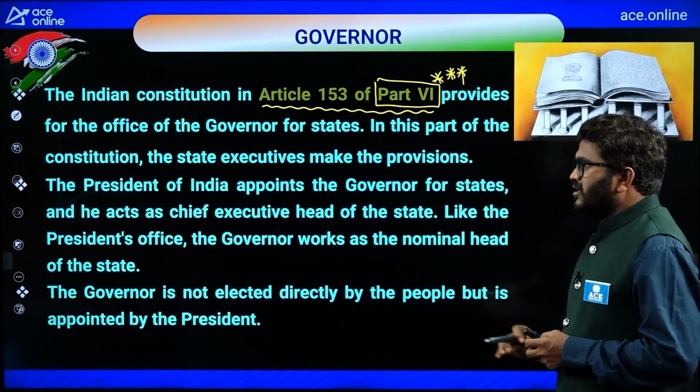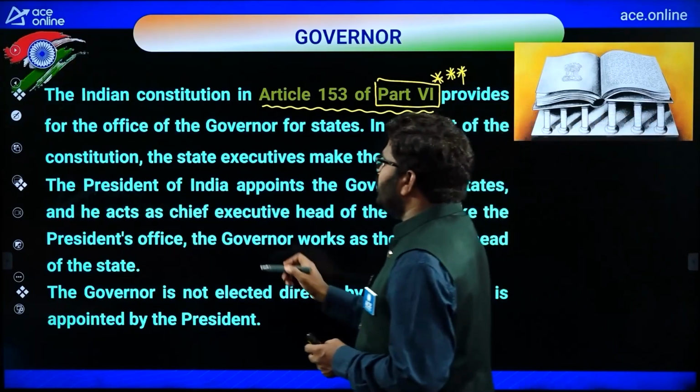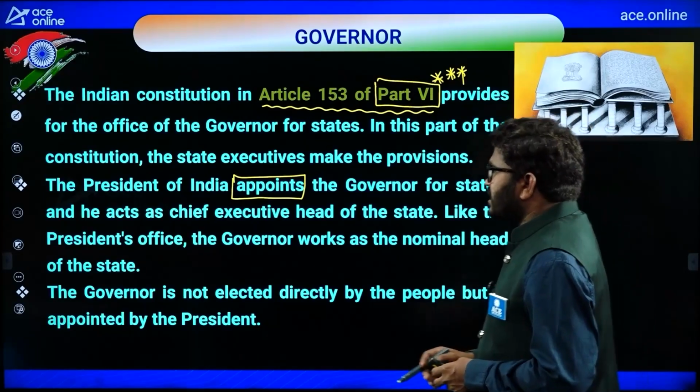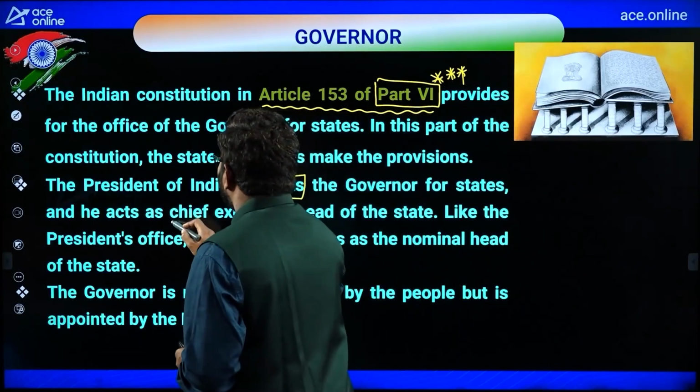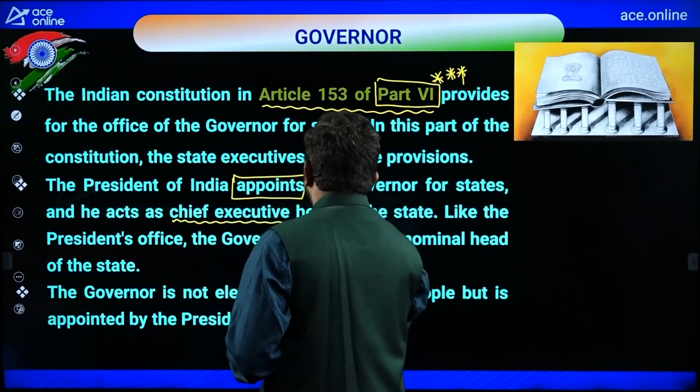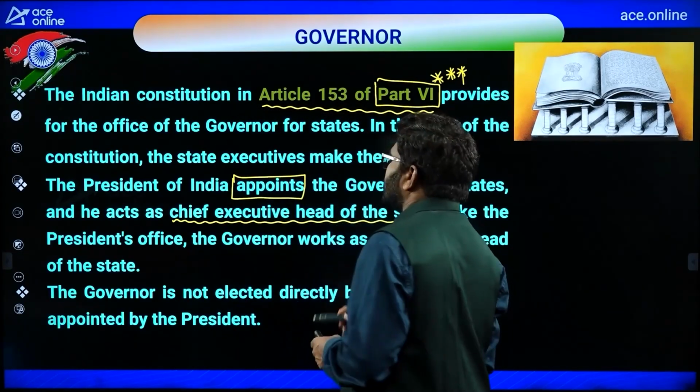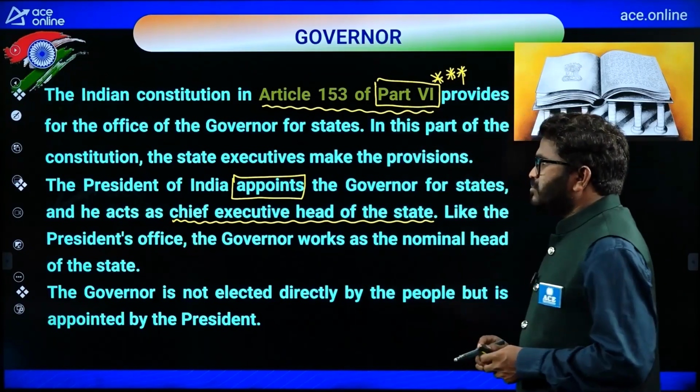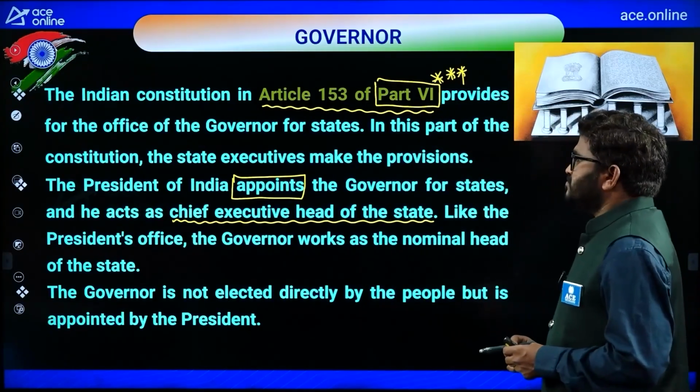The President of India appoints the governor for states, and he acts as the chief executive head of the state. Remember, the governor acts as the chief executive head of the state.